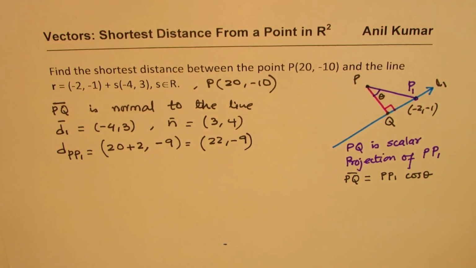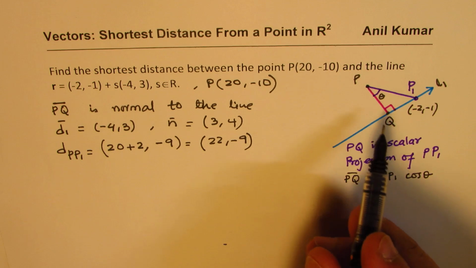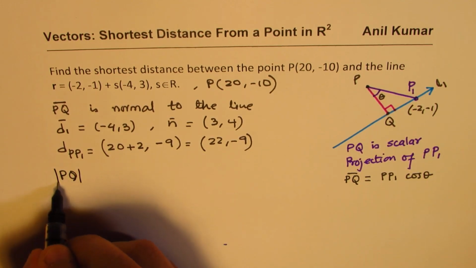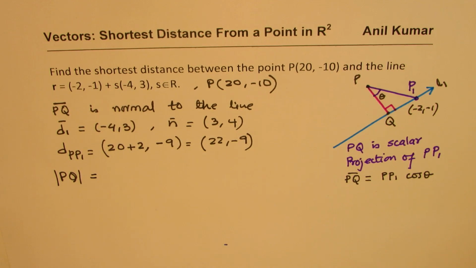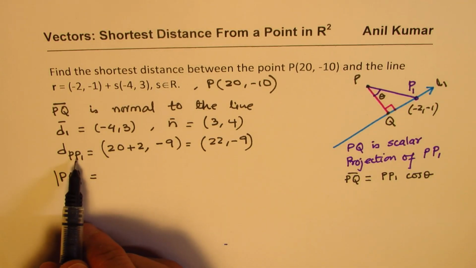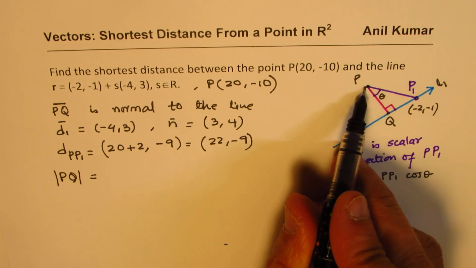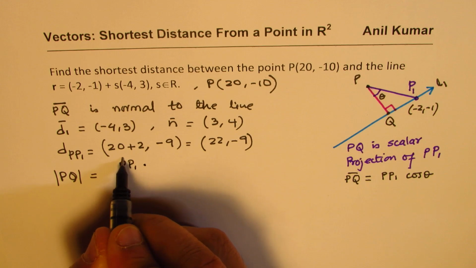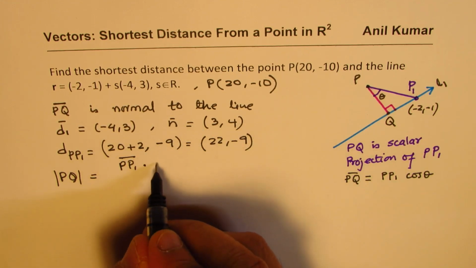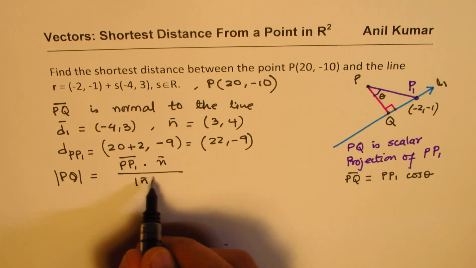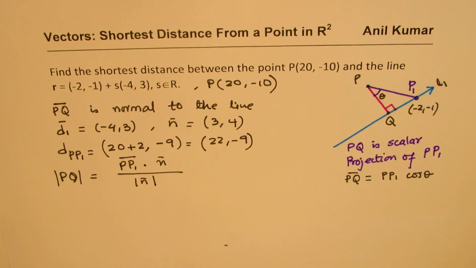Correct? So the shortest distance PQ can now be written as equal to the dot product of the direction of PP1 with the normal, divided by the magnitude of the normal, correct? So that is what scalar projection is.